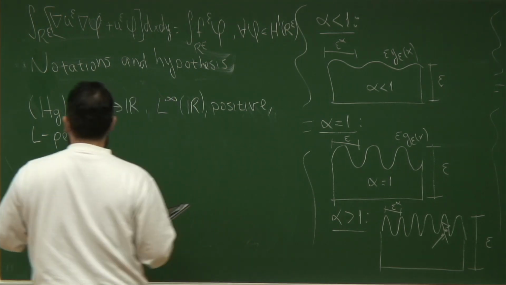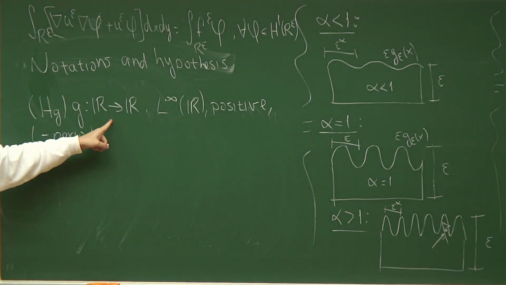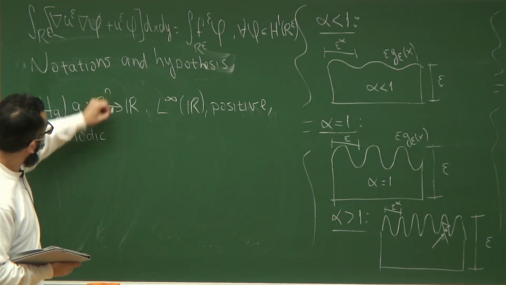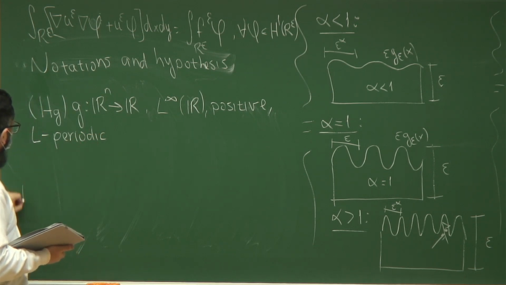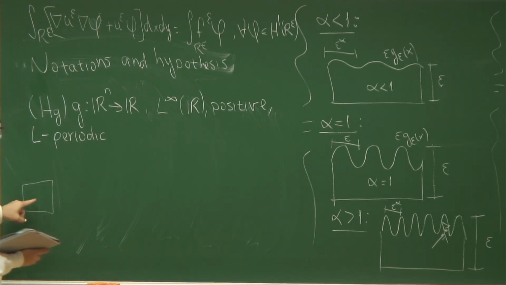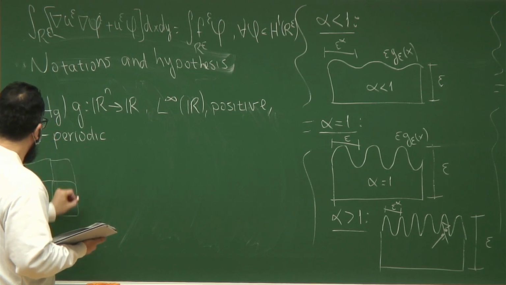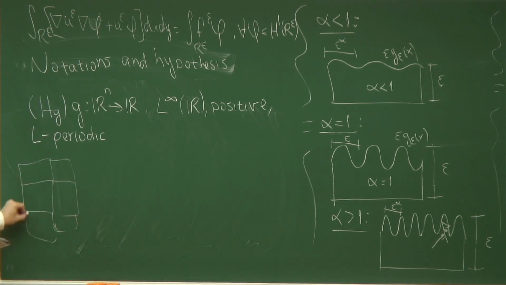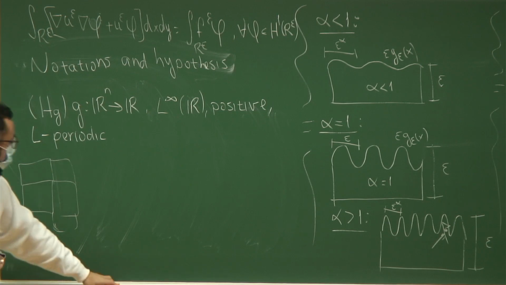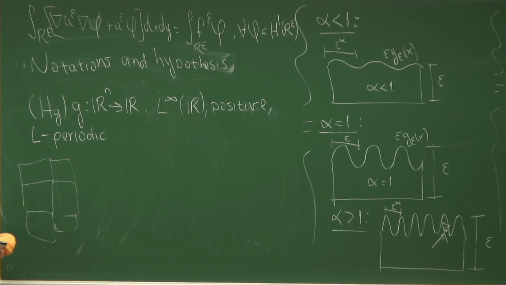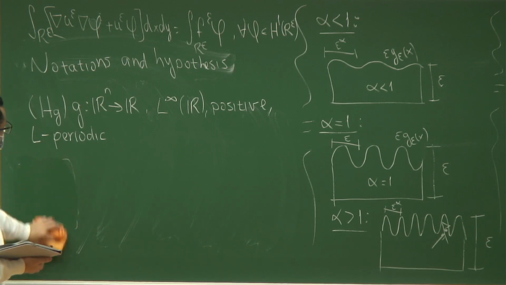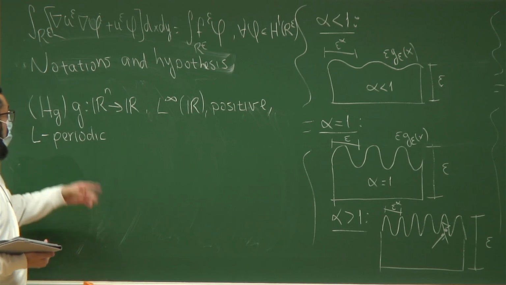One remark here: since we are getting a function on the line, if we got something like this, we would say L periodic in the sense of blocks, okay? Rectangular blocks. So you can extend periodically like this, okay? So it doesn't change a lot.